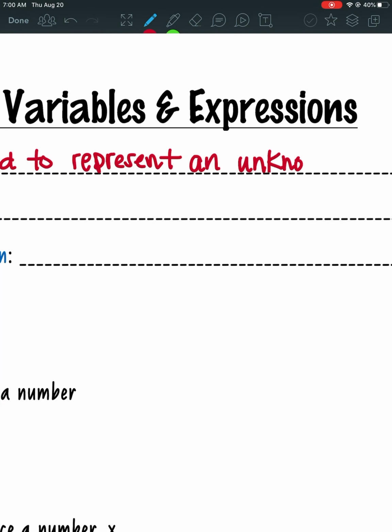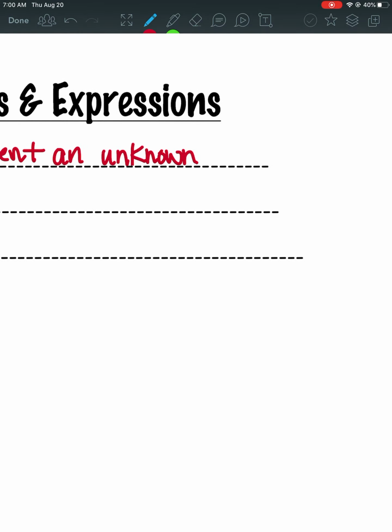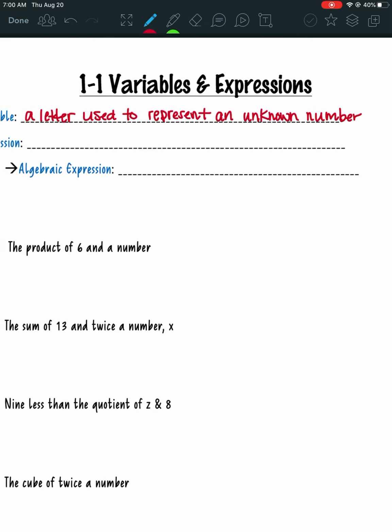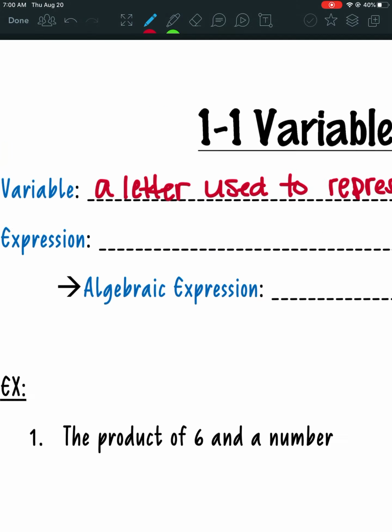And you can use any letter in the alphabet, it doesn't matter. Be careful, some of your homework questions do have you use a specific letter, but you can use A, B, C, Z, Y, whatever you want, but it's used to represent something that we have no clue, okay? A number that we don't know about.